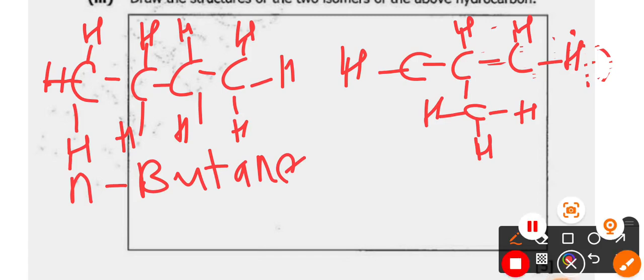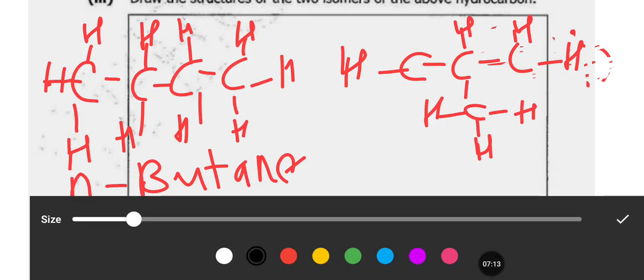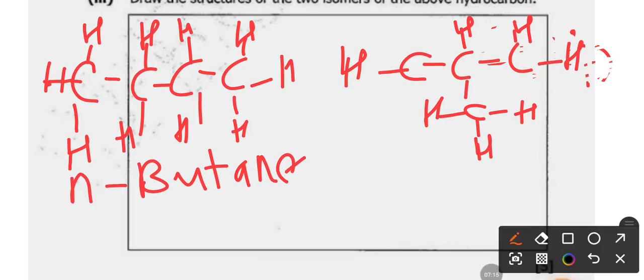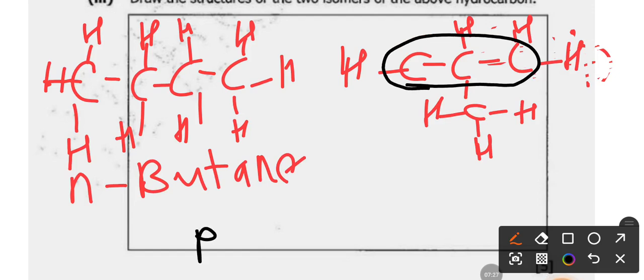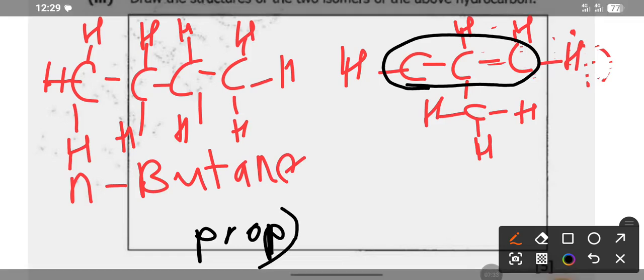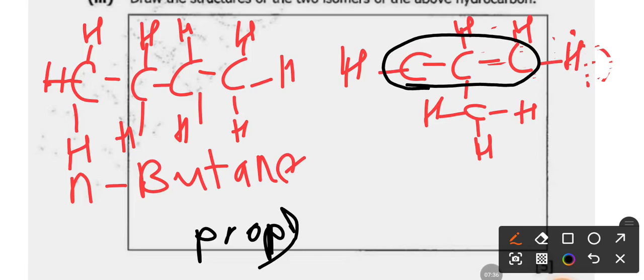As we can observe here, the longest carbon chain has 3 carbon atoms. The hydrocarbon with 3 carbon atoms starts with prop. Let me write this on this separate part here.